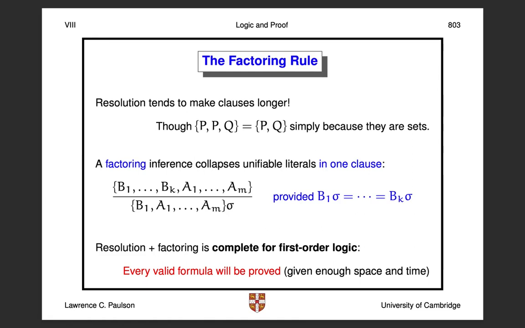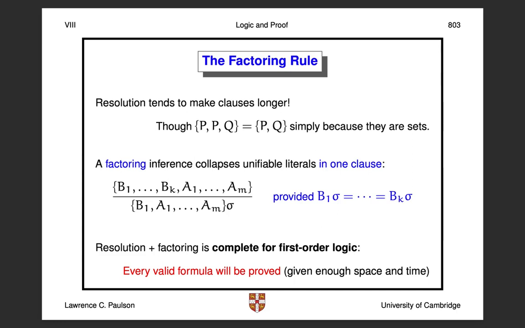What we can then do by this factoring inference is to collapse them down to a single copy, some b, which, because we have applied this substitution sigma, all of those literals b1 up to bk all collapse down to this b1. As for the remaining literals, you have to apply sigma to those as well. The idea is simply, if you like, we applied sigma to this clause in the beginning, and then we deduplicated the literals in the set.